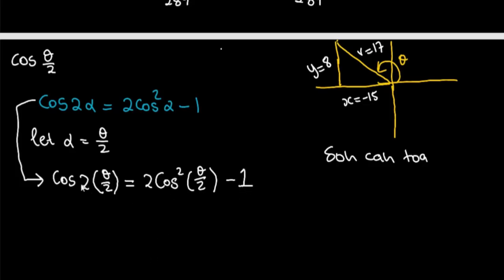So remember, if I have 2 times theta over 2, the 2 will cancel. What am I left with? We have the cos of theta.